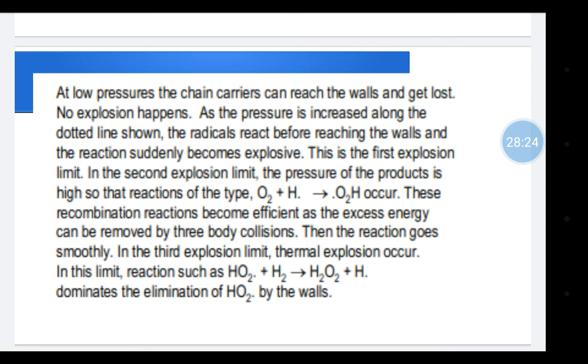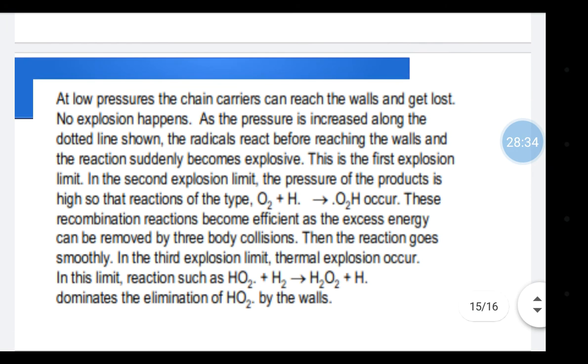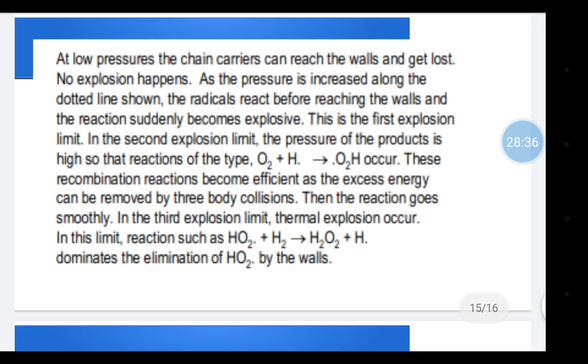The reaction will go on taking place like this smoothly until it reaches a third pressure limit. In the third explosion limit, thermal explosions occur. Free radicals will combine with the third bodies, but the excess energy produced during these exothermic reactions will lead to what?